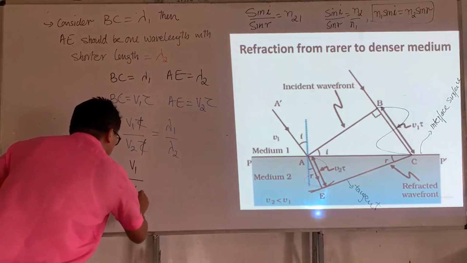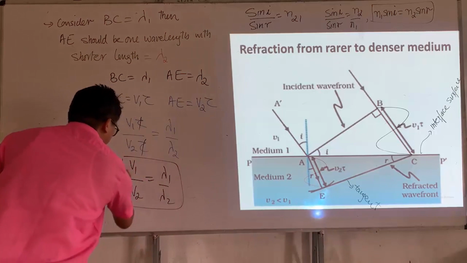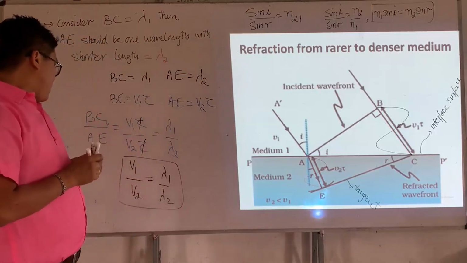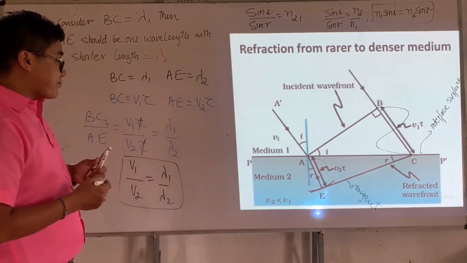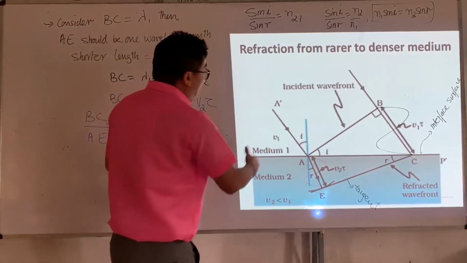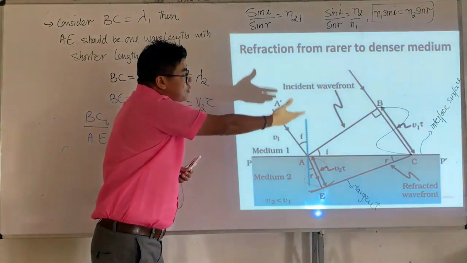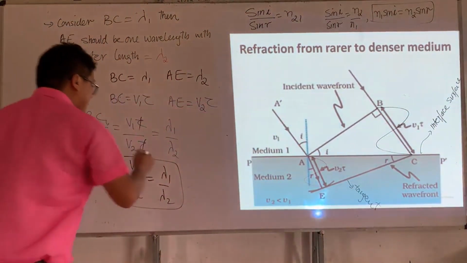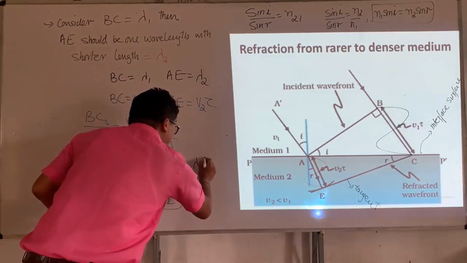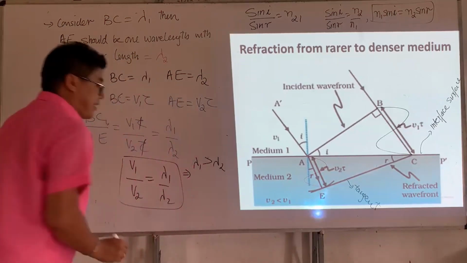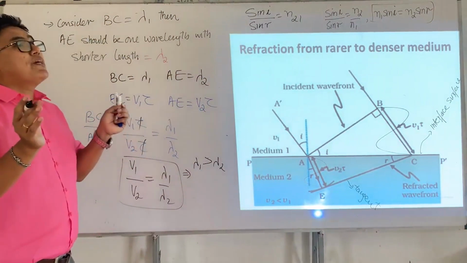V1 divided by V2 is equal to lambda 1 divided by lambda 2. So this is true, right? That means the wavelength becomes shorter when light goes into a denser medium. This implies that lambda 1 is more than lambda 2. When light enters a denser medium, wavelength is going to decrease.